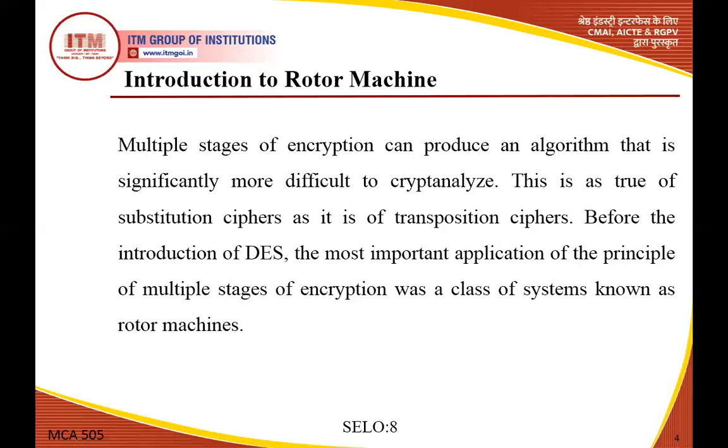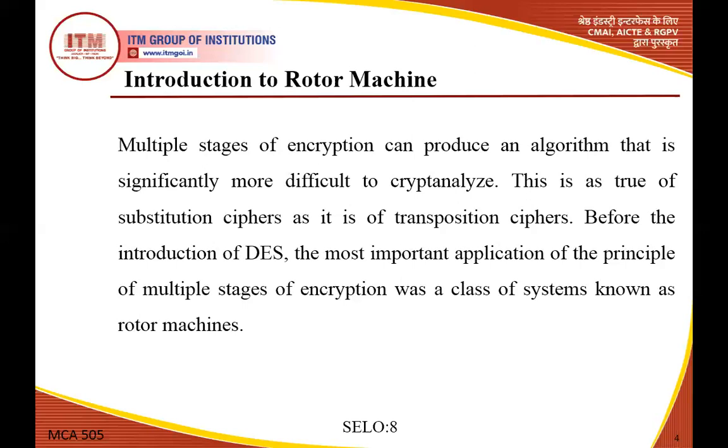As I told you, many algorithms were developed for encryption. One of them is DES, the Data Encryption Standard. Between the substitution or transposition cipher and before the evolution of the Data Encryption Standard, many encryption techniques were also invented. Two of these are the rotor machine and steganography.